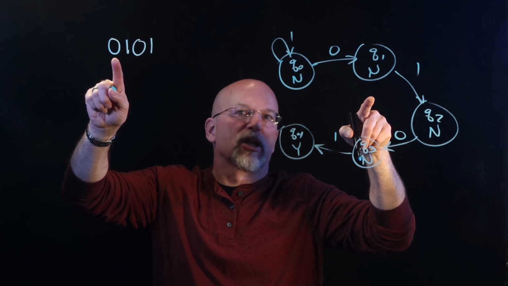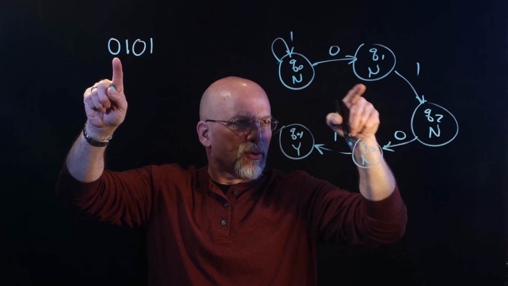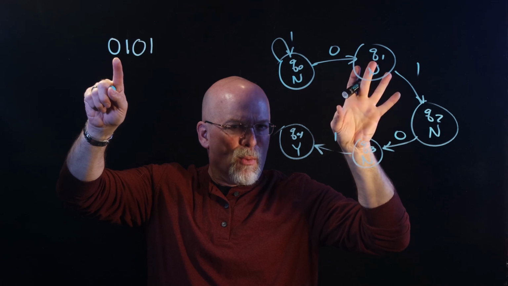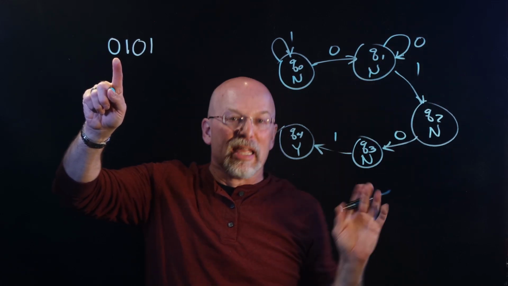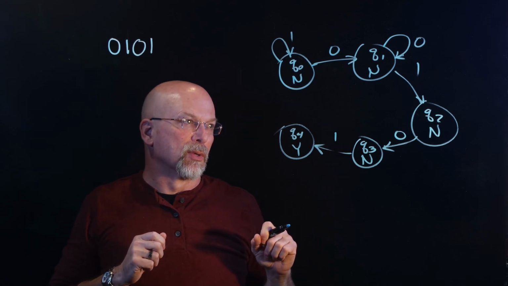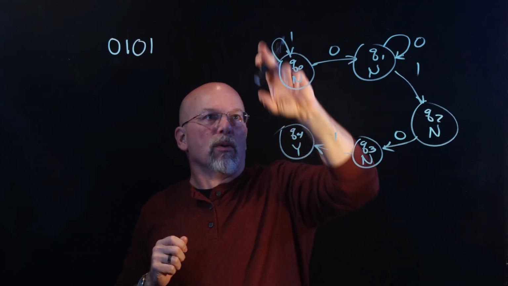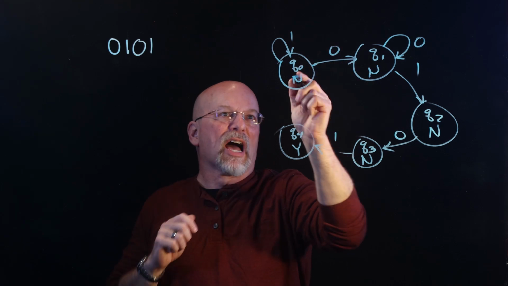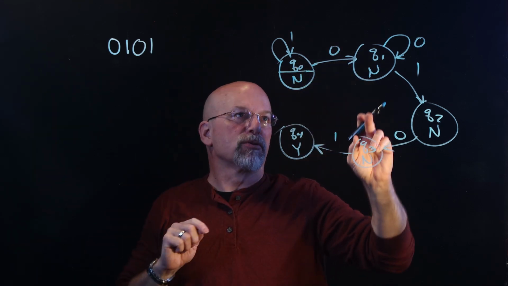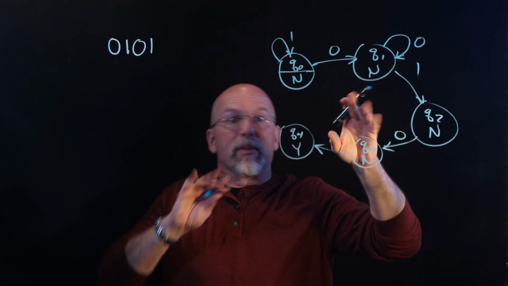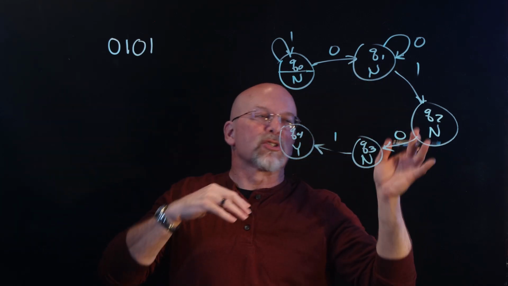But if I get another 0, that means the first 0 that brought me to Q1 wasn't the first bit, but maybe this second 0 is the first bit of that sequence. So as long as I keep getting 1s, I've got nothing. And whenever I get my first 0, that could be the first bit. If I get another 0, that means that first 0 wasn't the first bit, but this one might be.